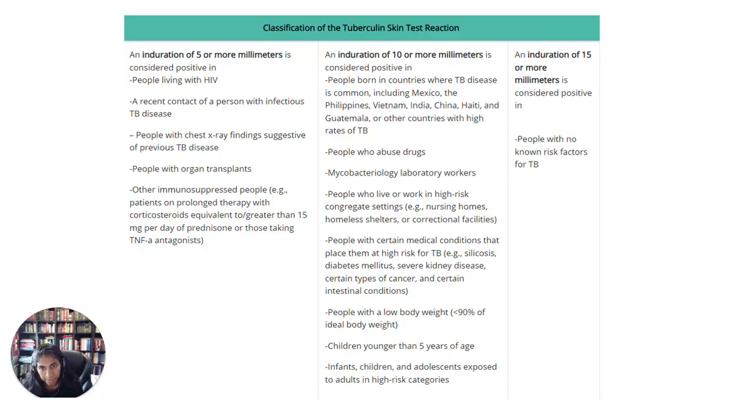However, if someone has epidemiologic risk factors for TB, such as coming from a country where there are higher rates of TB, or they have other medical conditions that place them at higher risk for TB, we talked about diabetes being one, kidney disease, etc., then a diameter of 10 millimeters or more is considered positive. And if someone is immunocompromised, such as those living with HIV, or profoundly immunosuppressed on immunosuppressive medications, or have received an organ transplant, then people who have a diameter of 5 millimeters or more are considered positive.